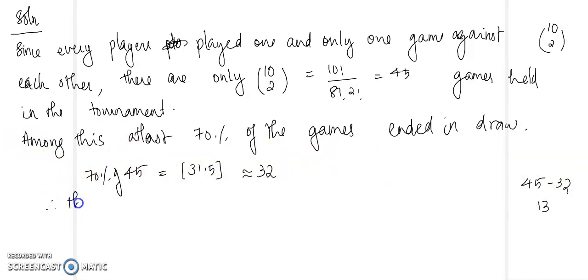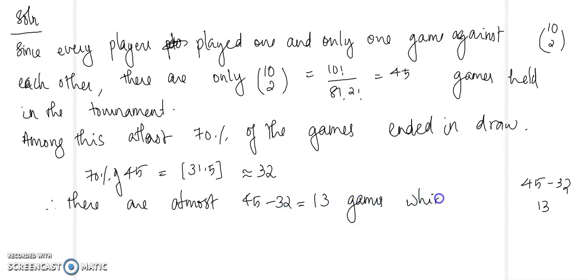So there are at most 45 minus 32, that is equal to 13 games which did not end in a draw. Now we need to prove that there are two players who had the same total score.